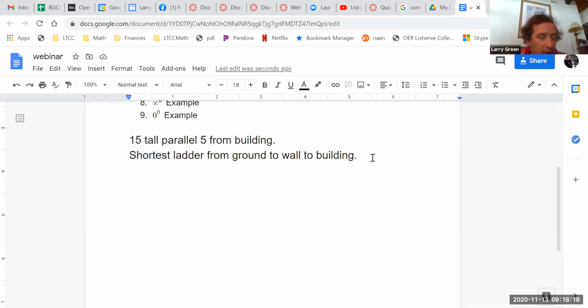Okay, so the equations we're going to get, if you want theta, we're going to do some trig. We have 15 and h and theta, right? The opposite is 15, the hypotenuse is h. So the tangent of theta is 15 over h.